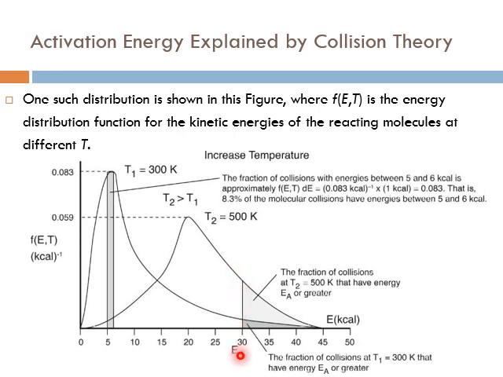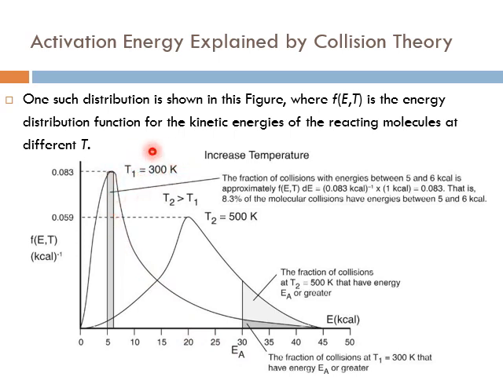So we are interested to know the portion of the collisions between the molecules who have energy higher than 30 kilocalorie. And suppose this is my activation energy of the reaction. That means if a collision possesses energy of 30 kilocalorie or more, then the reacting molecules can go to the activated state. Of course, if it doesn't have this much energy, it cannot reach the activated state.